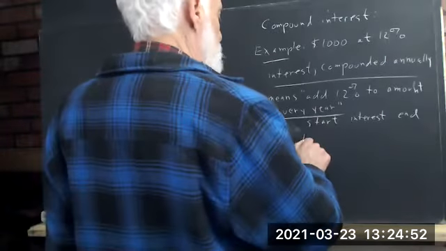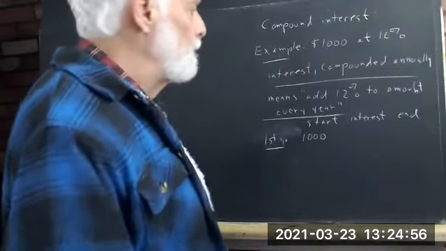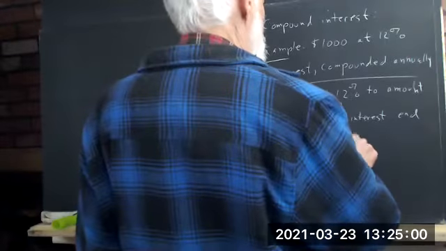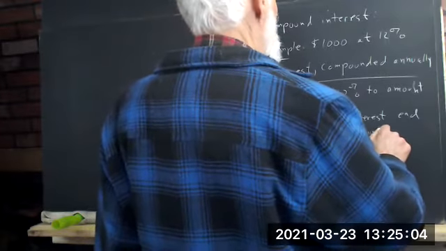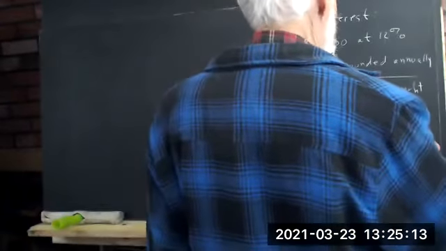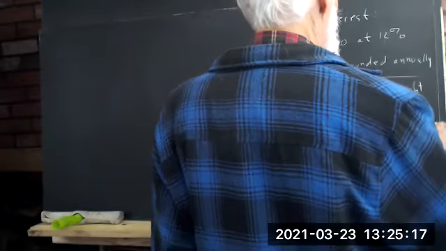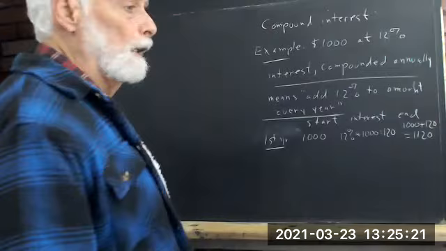We start with $1,000. Our interest is 12% of $1,000, which is 120. So at the end, we have $1,120.